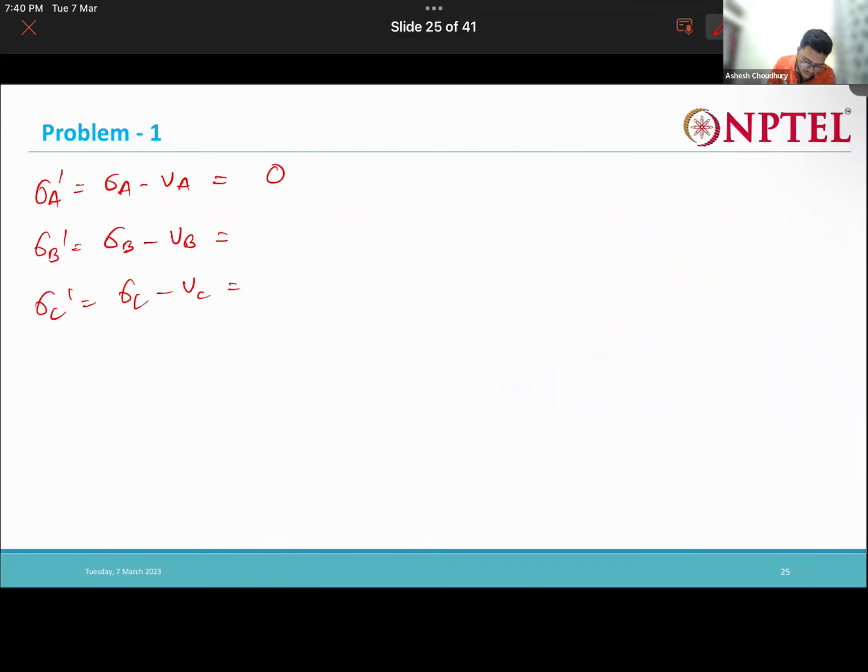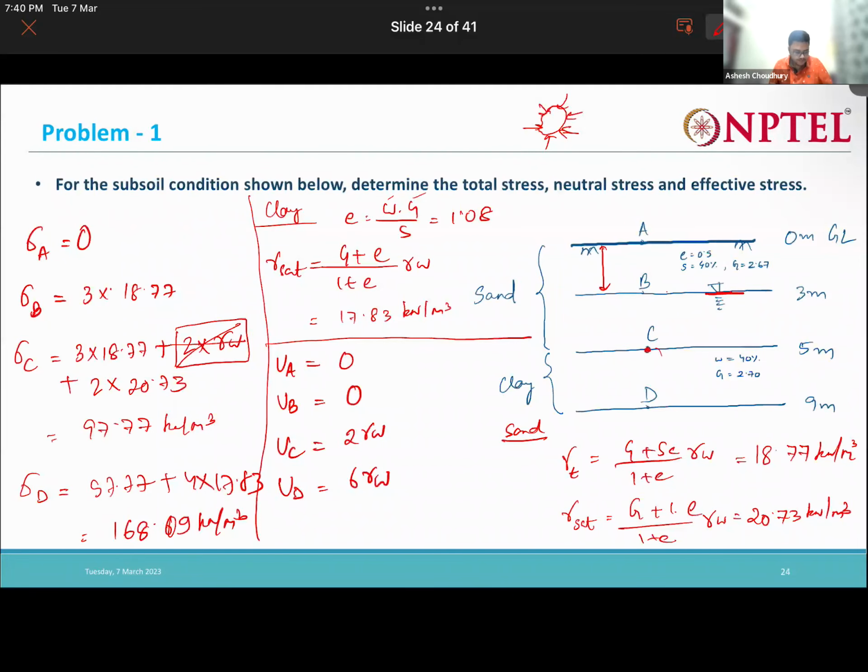So at A point it will be 0. 0 minus 0 is 0. What will be at B? 3 into 18.77 minus 0.